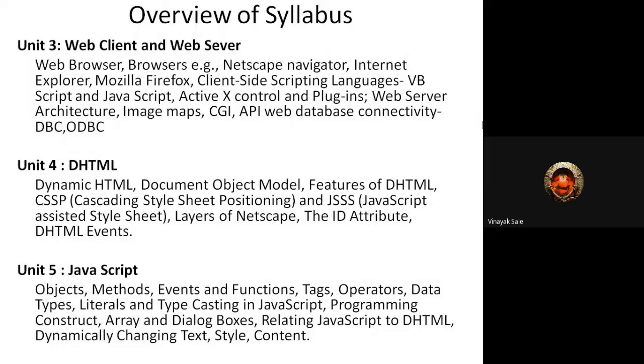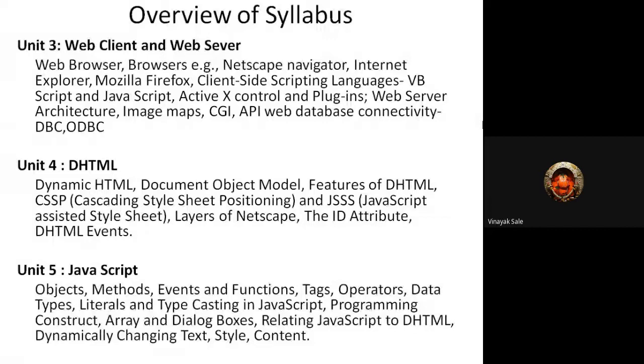So web browsers, different examples, then Netscape Navigator, Internet Explorer, Mozilla Firefox, client-side scripting languages such as VBScript and JavaScript, ActiveX controls and plugins, web server architecture, image maps, CGI, API, web database connectivity, DBC, ODBC.